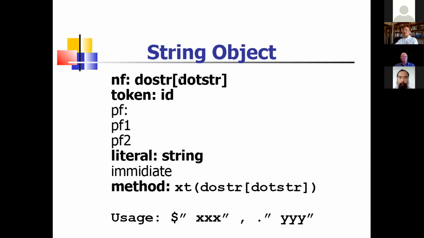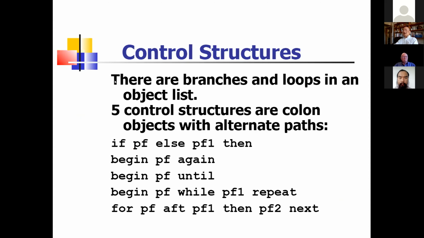A string object stores the string value in the literal field, and this is used by the dot quote and the string quote words. And for control structures, there are branches and loops in an object list. There are five control structures that are colon objects with alternate paths.